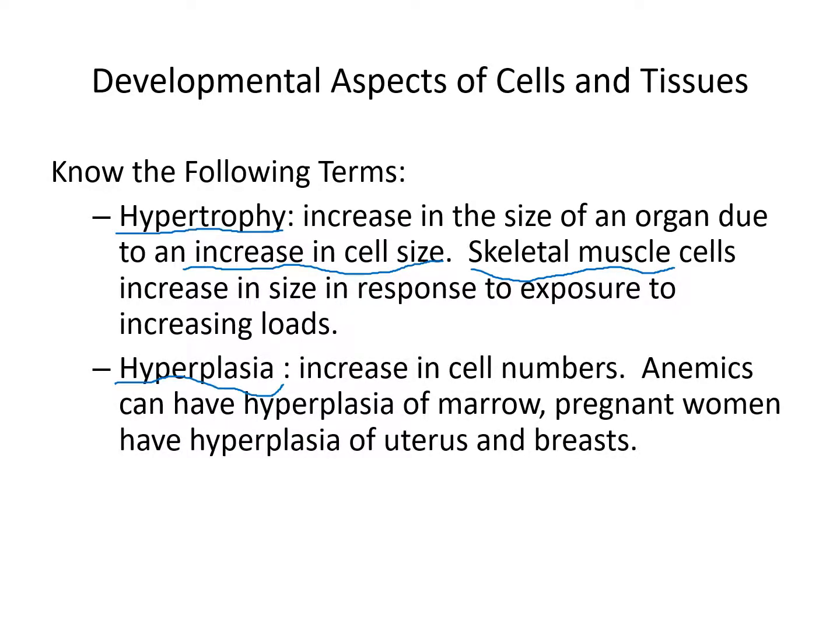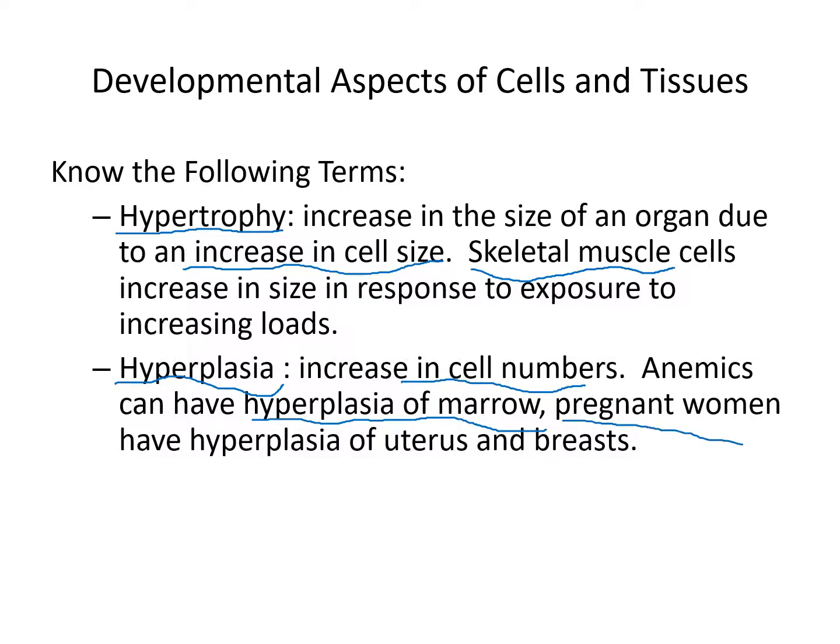The other one would be hyperplasia, right? And this isn't an increase in size, it's just an increase in cell numbers, right? So a person who is anemic may have a hyperplasia of bone marrow, meaning that they have more cells in the bone marrow trying to keep up with the reduced red blood cells.